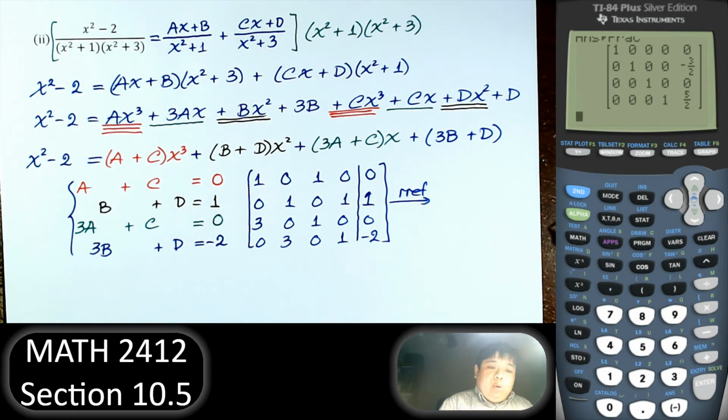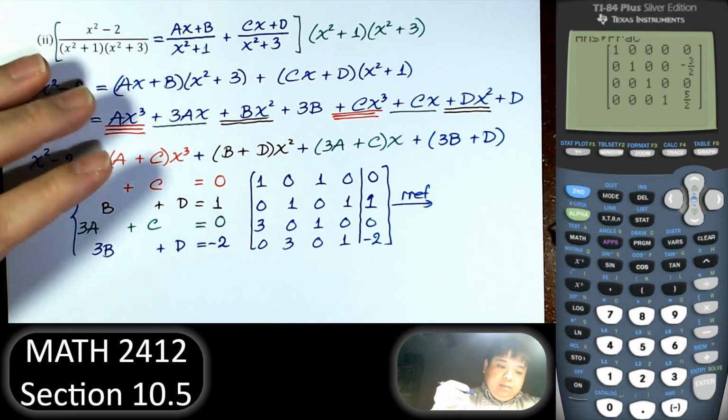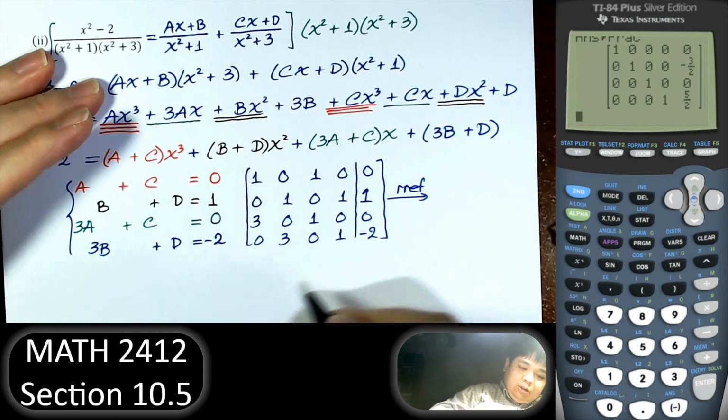So I have this negative 3 halves and 5 halves for B and D. Just going to put here.